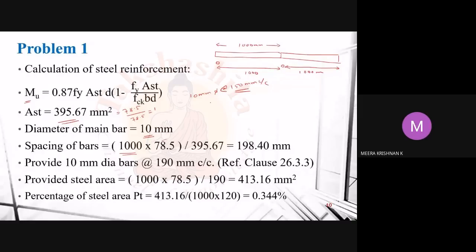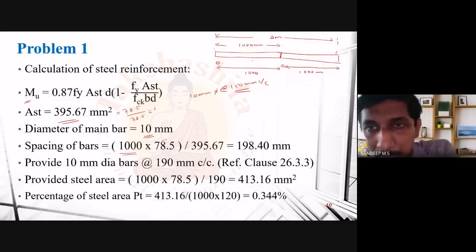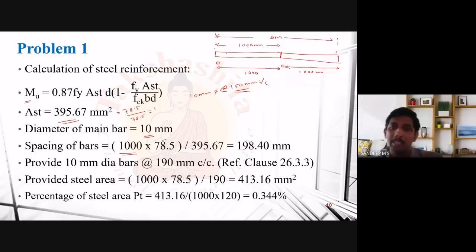Okay. So let's assume that this is your 1 meter. And your slab in total has a length in this direction of 2 meters. This is your total slab. And please do remember, we are just designing it for 1 meter length. So we are assuming that it is a beam having 1 meter width and thickness.